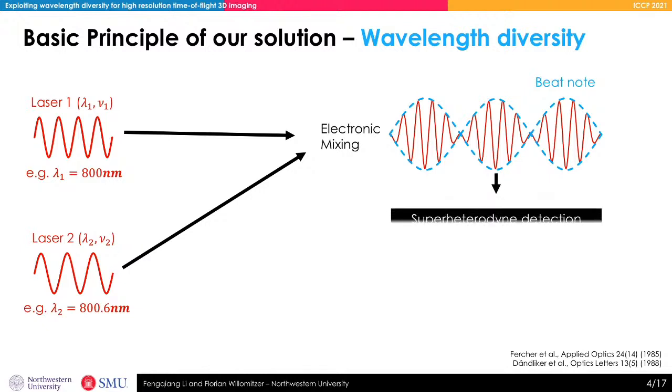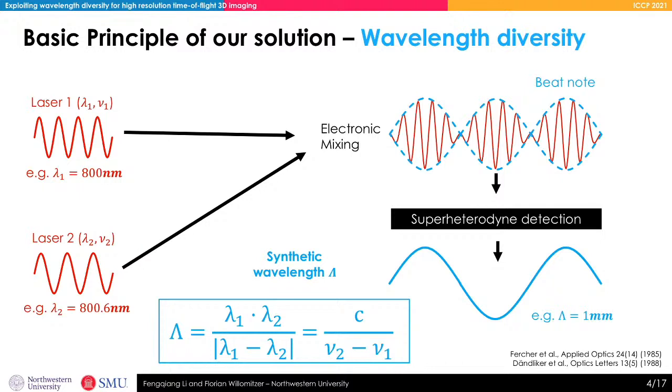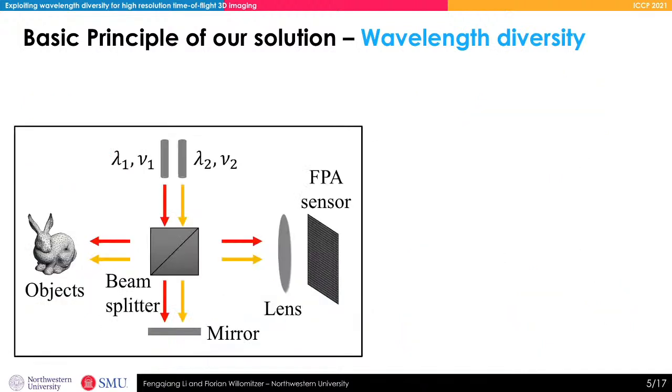And by superheterodyne detection, we are able to electronically isolate this beat wave and to create a low frequency synthetic wave that is now defined by the difference of both optical frequencies and thus can be orders of magnitude larger. The sensor embodiments that we introduce in this talk to detect the synthetic wave are in principle dual wavelength Michelson interferometers with a focal plane array sensor for detection.